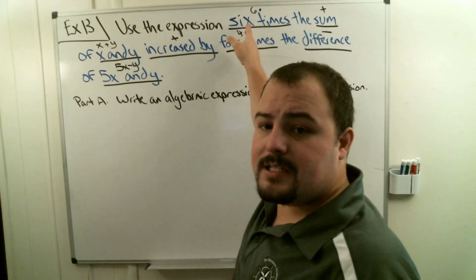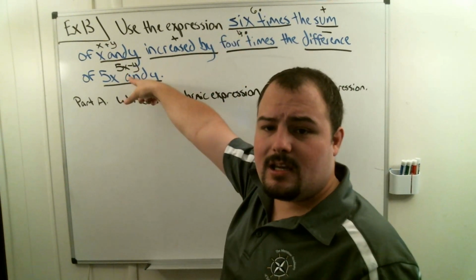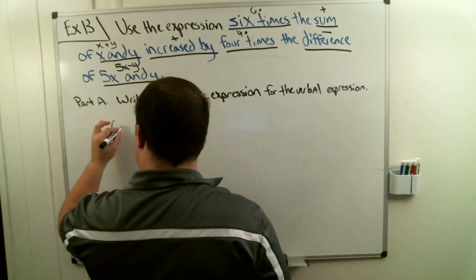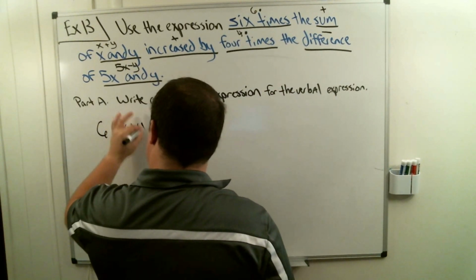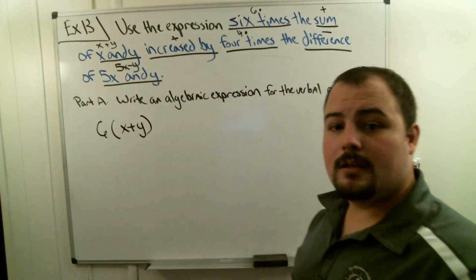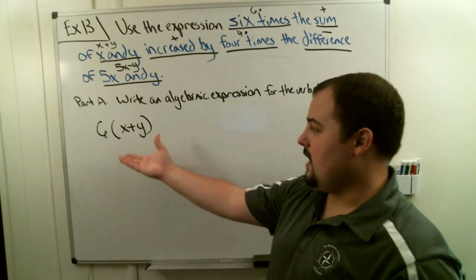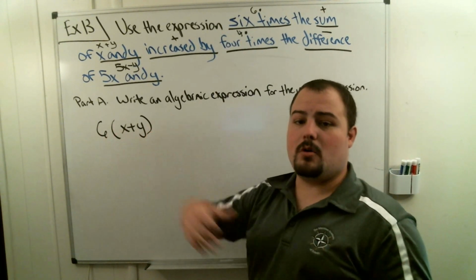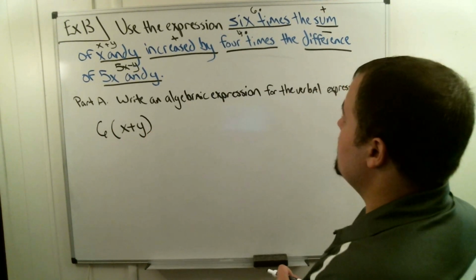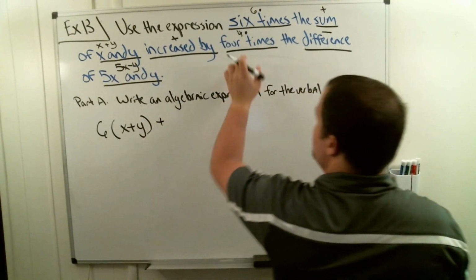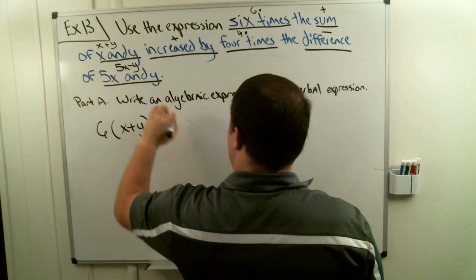So that means I'm taking 6 and timesing it by x and y being added. So that would look like this: 6 times x and y being added, because I have to have the answer of addition before I multiply it by 6. Increased by, so I'm going to put the plus sign. 4 times, so I'm going to start with the 4.